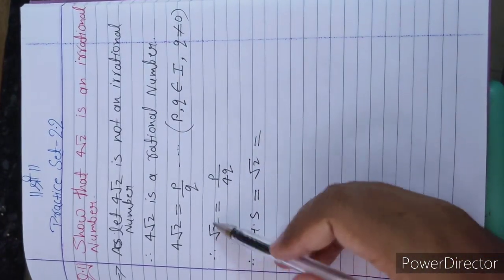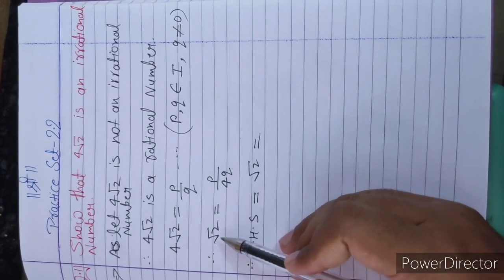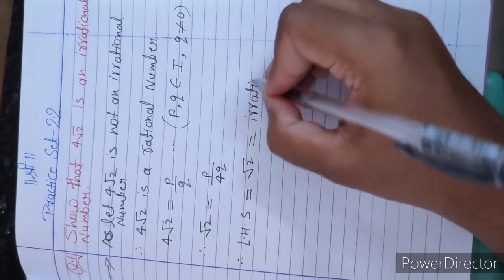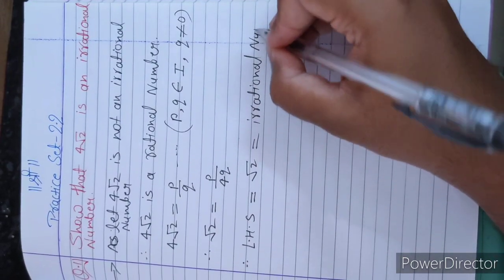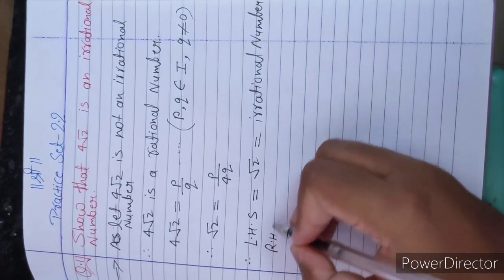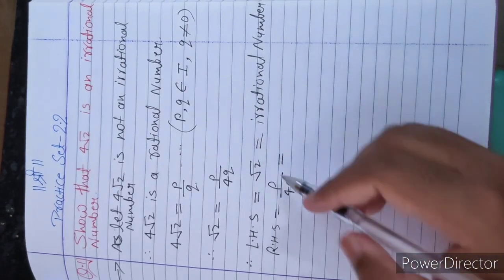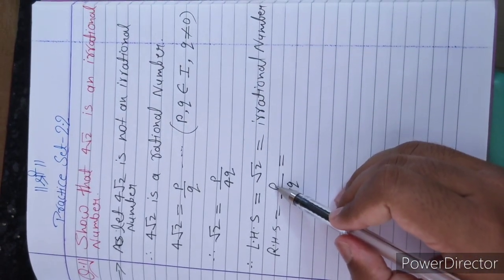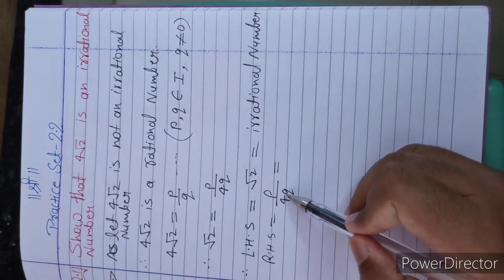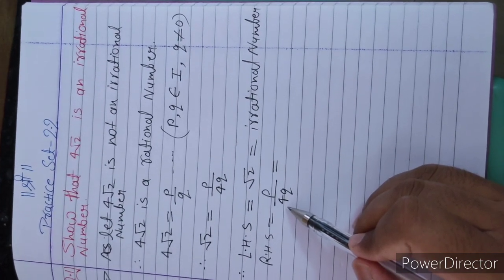In LHS there is root 2, and we know that root 2 is an irrational number, so we will write irrational number. In RHS what are we getting? P by 4q. Here p belongs to I, meaning integer, q also belongs to I, meaning integer, and 4 is also an integer.